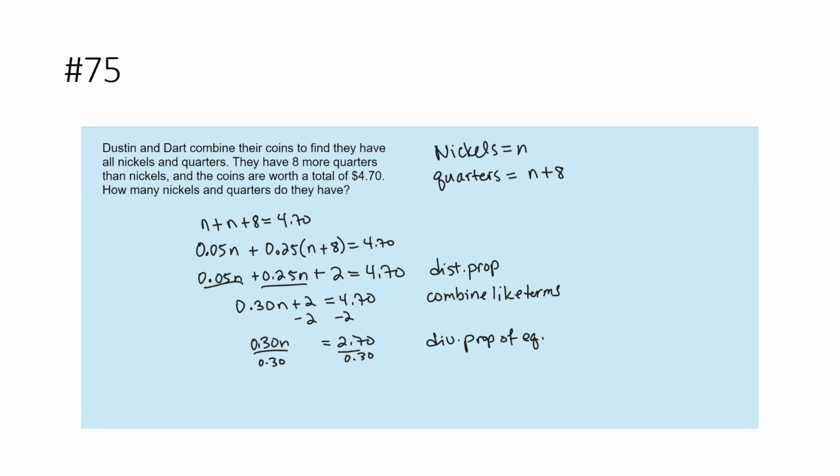And I'm going to get n equals 9. So that's my nickels. My quarters are n plus 8, so 9 plus 8, and that is 17 quarters.